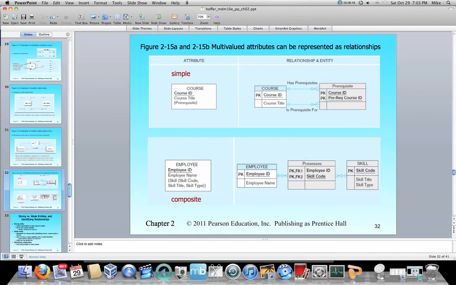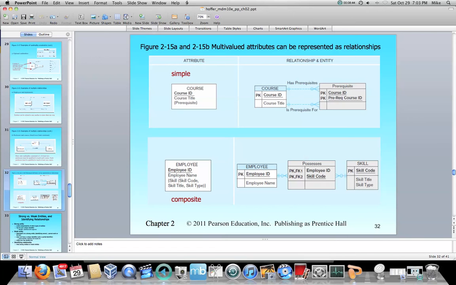So here we have an example that an attribute of an entity can also be set up as an entity and set up relationships. So in this case, we have a course that may have a list of prerequisites.